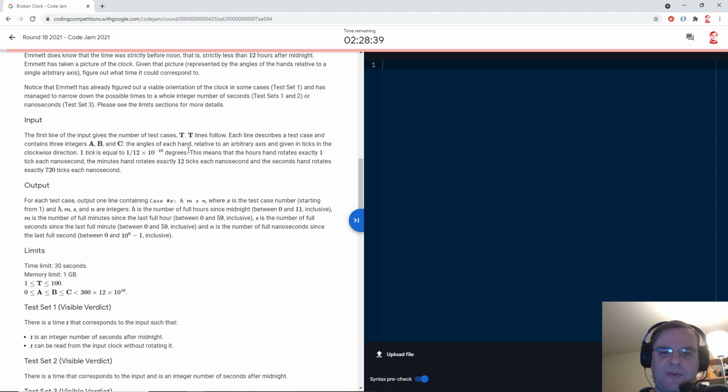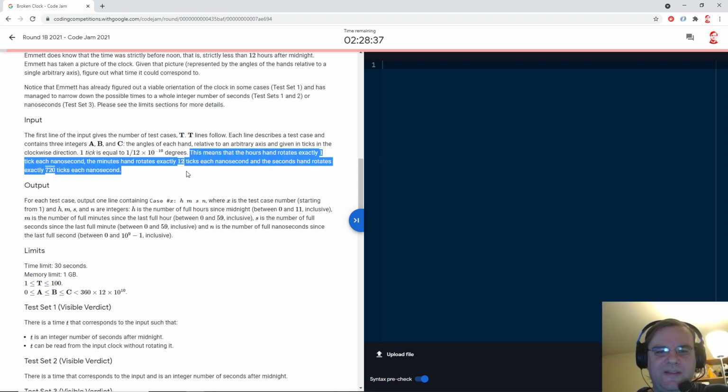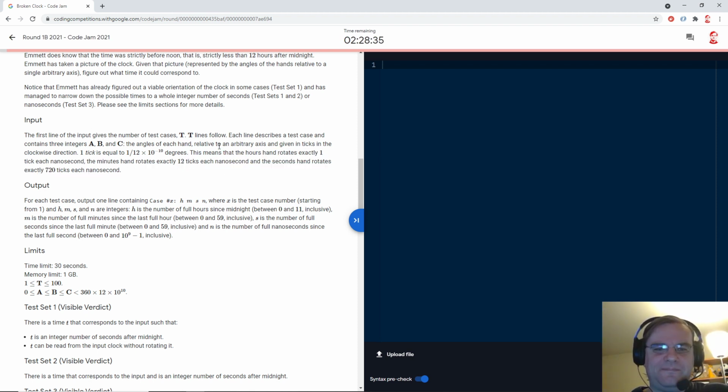Okay, well, that's nice that they've spared us some math here. So at midnight, they will all be at 0 degrees, I believe, if it were rotated correctly, but it's rotated relative to an arbitrary axis.